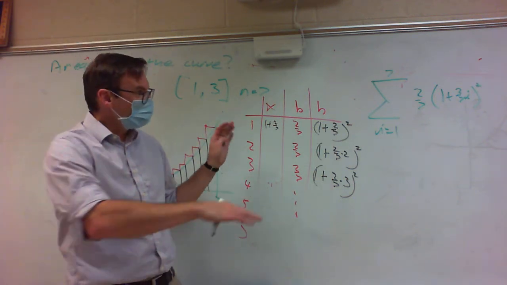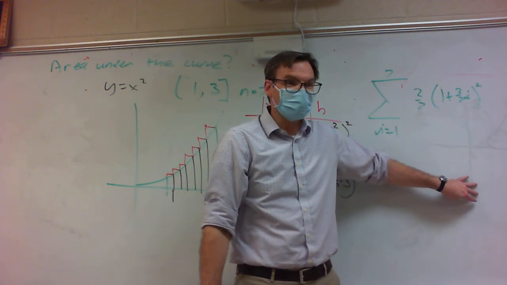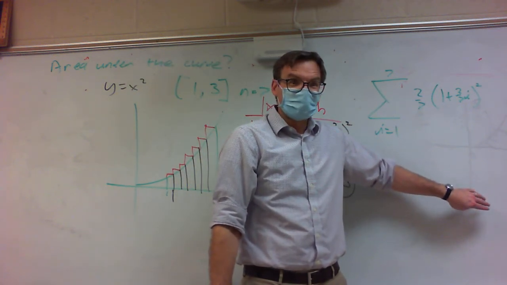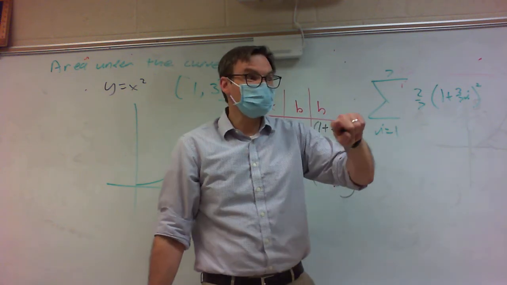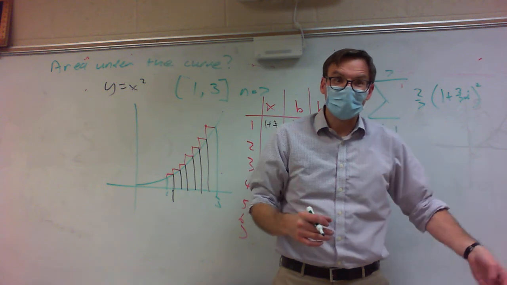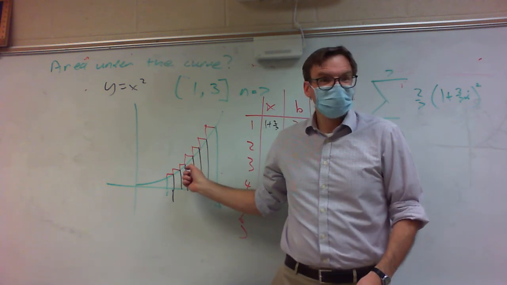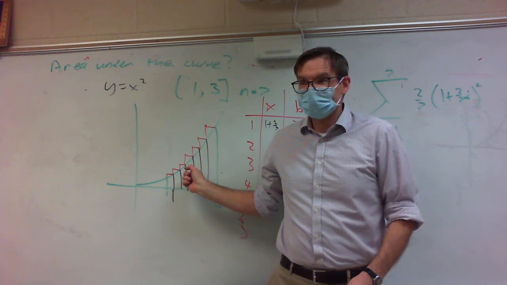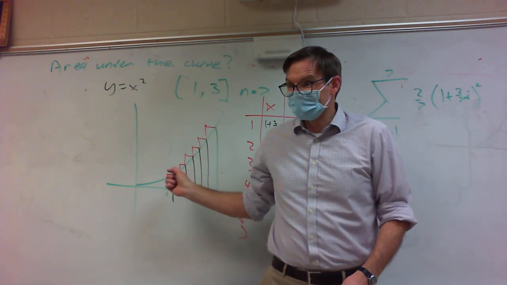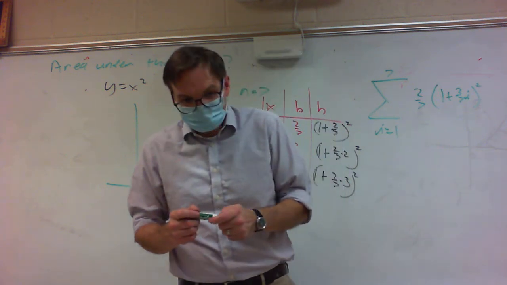Remember that one big ugly thing where I had 700 and I made it a bunch of n's at the end? If I did the limit as n goes to infinity of that big ugly mess, what would we have found? That area. Does that make sense? Because I went through and changed all of that.